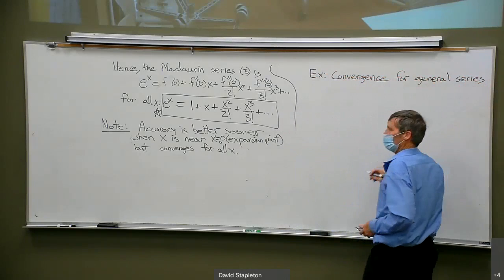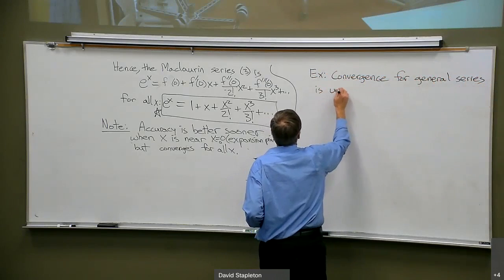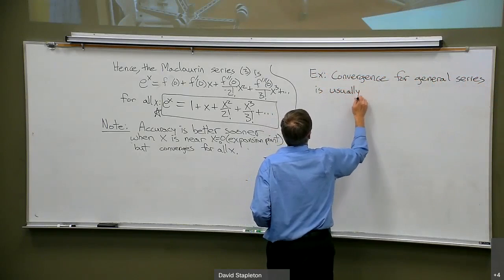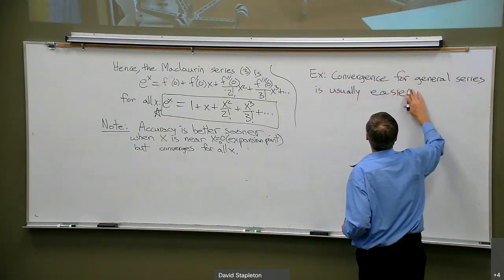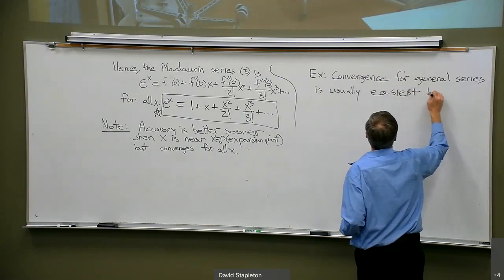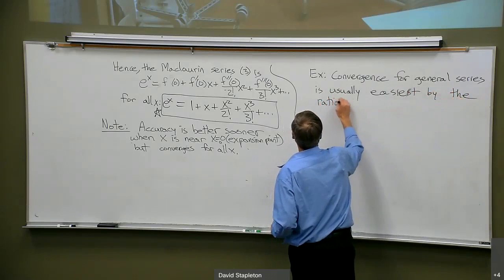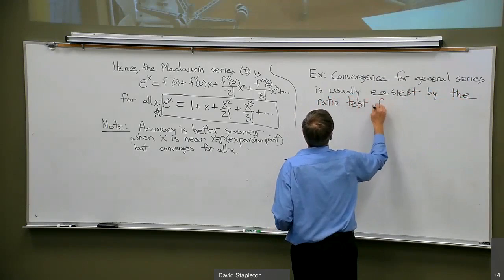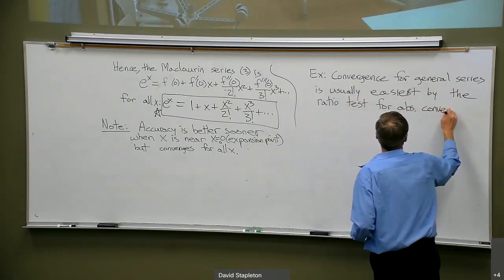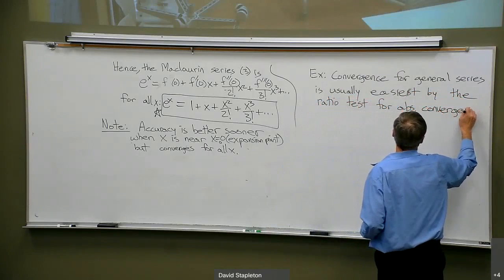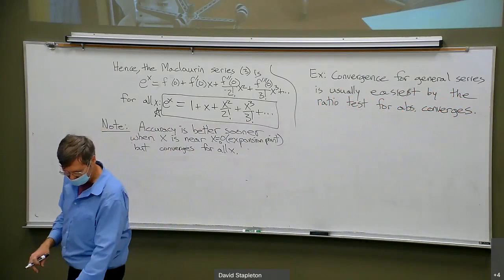We just appeal, usually, to the ratio test for absolute convergence. Just like we did in the first example. Since we know wherever it converges, except possibly at endpoints, it's going to converge absolutely anyway. We don't lose anything with looking at that.